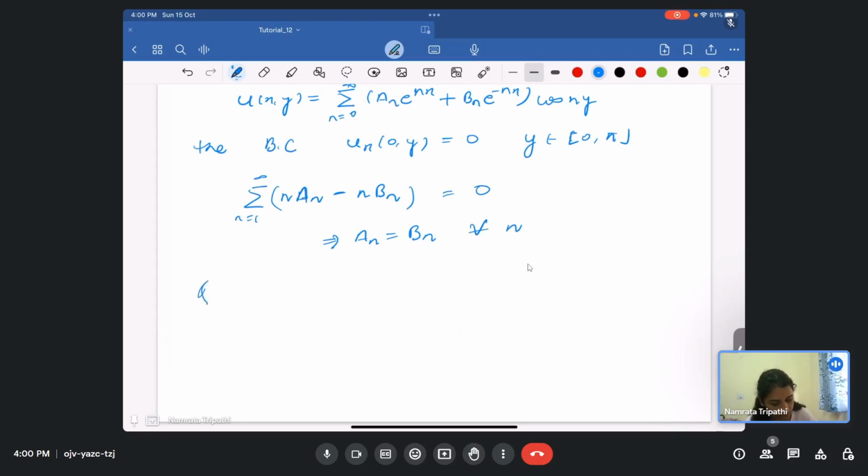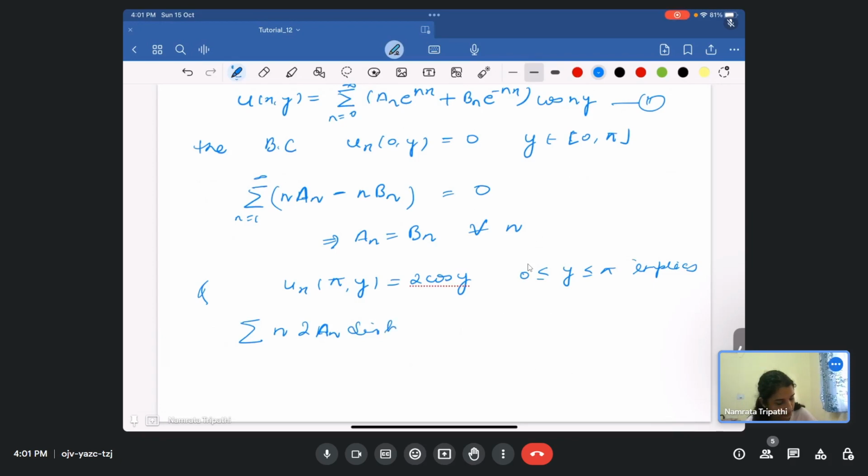And another boundary condition, so you have to again differentiate this equation, let's say 2, and after putting pi in place of x, you will get, after differentiating, n 2a_n.